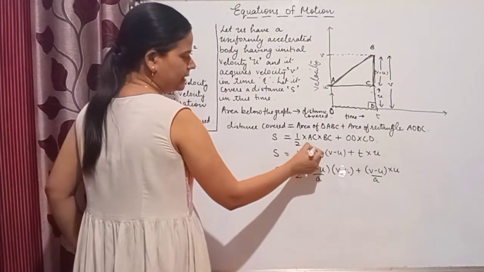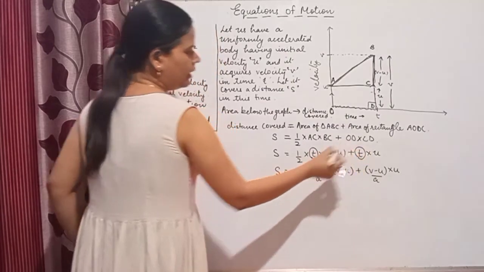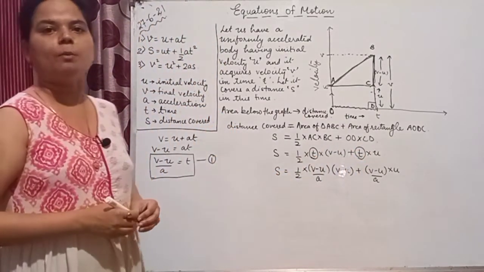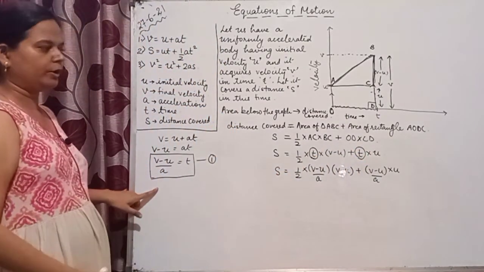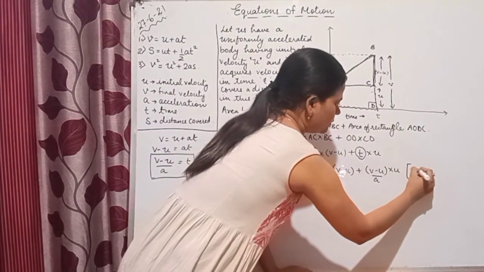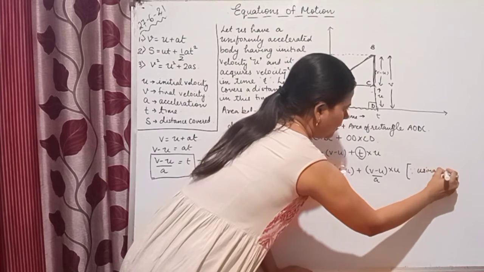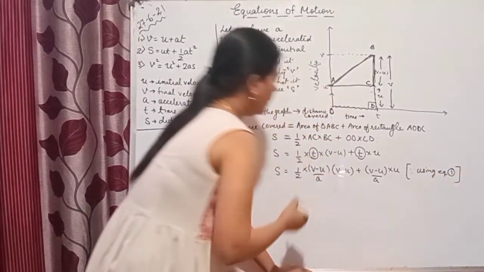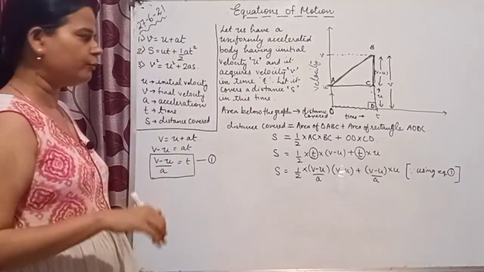I have replaced this T by V minus U upon A, that we have already calculated. Here you can write the reason: using equation number 1. Now let us try to solve it further.